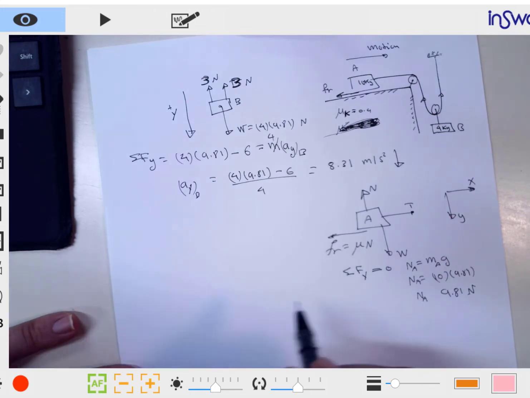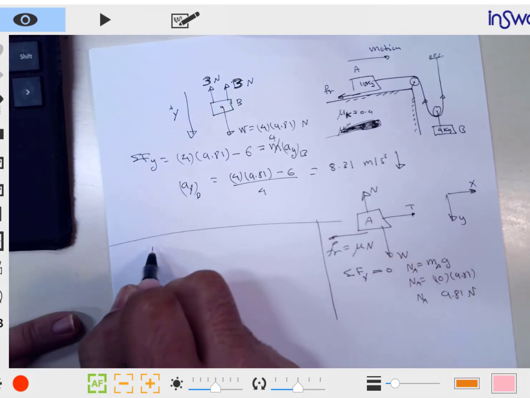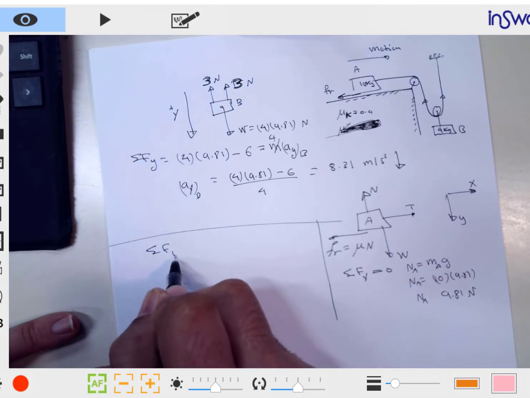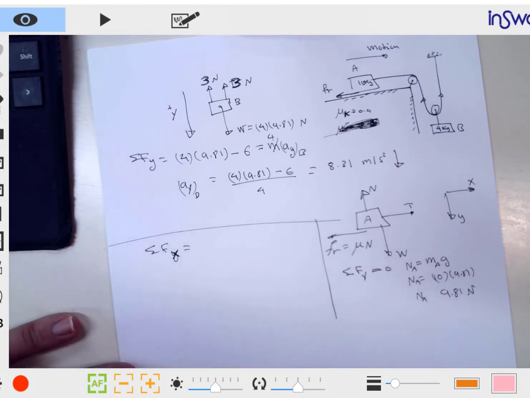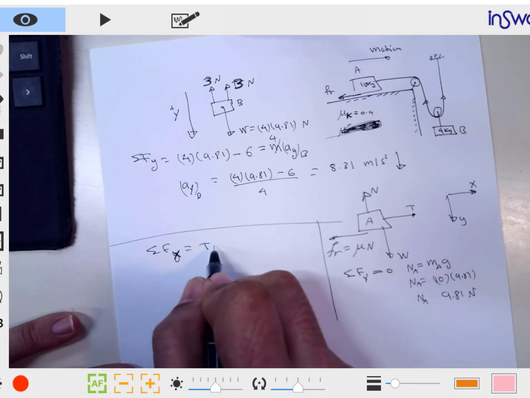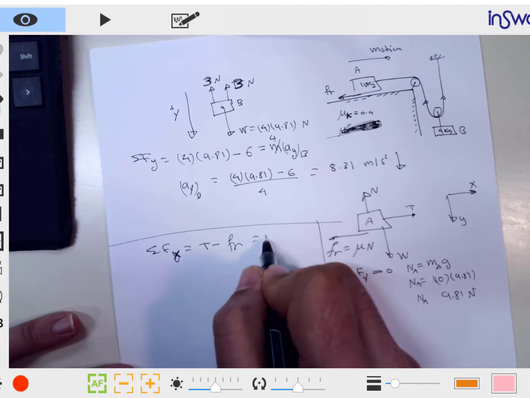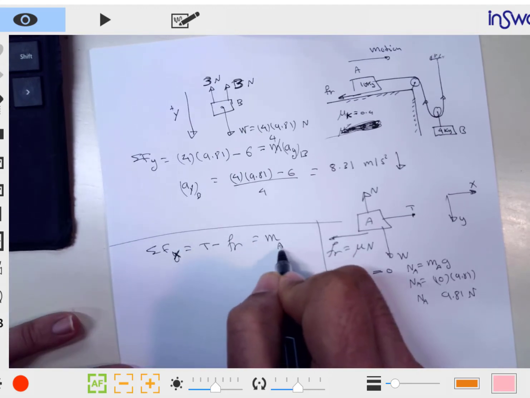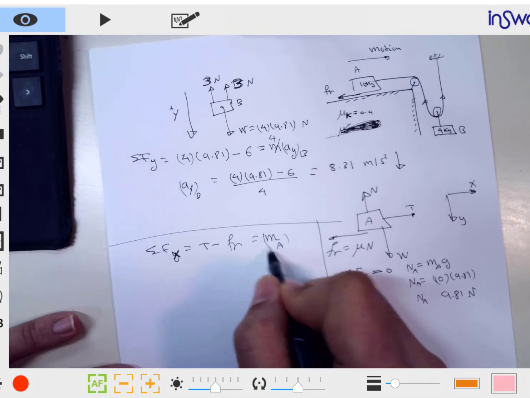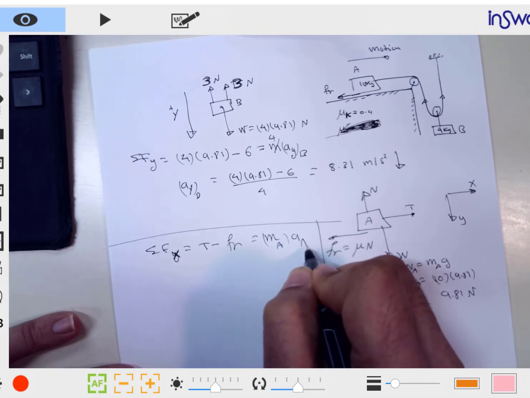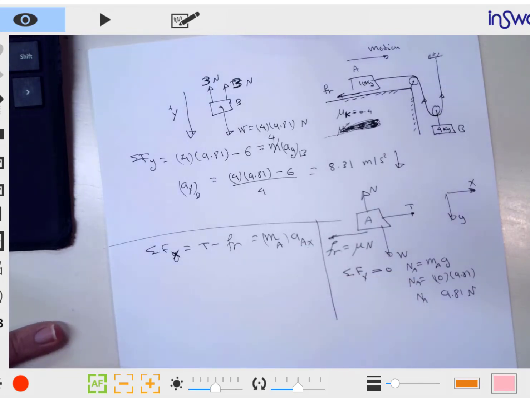Okay, and then I apply the summation of forces in the x direction. This is the x: T minus the friction equal to the mass of block A multiplied by the acceleration of block A in the x direction.